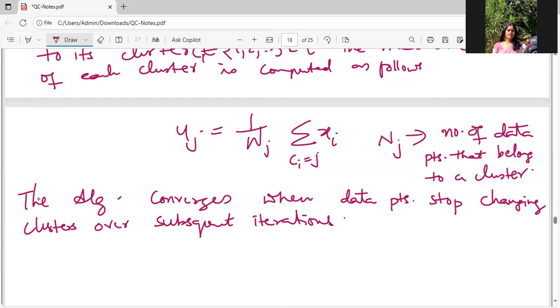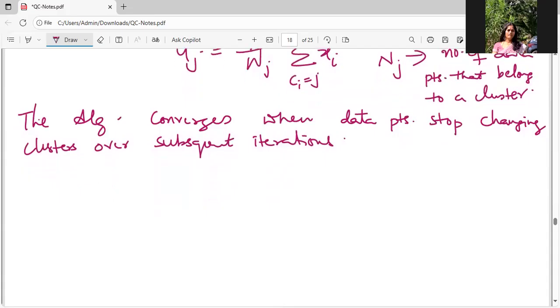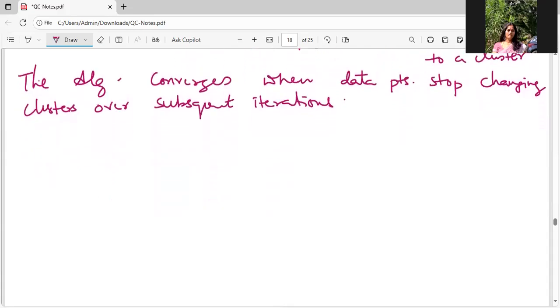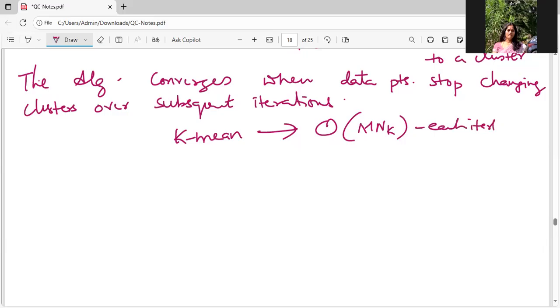Okay. Now, if you ask me about the order of convergence, when I'm saying convergence, I should make a mention. For k-means, as we know, the order of convergence is big O mnk for each iteration.